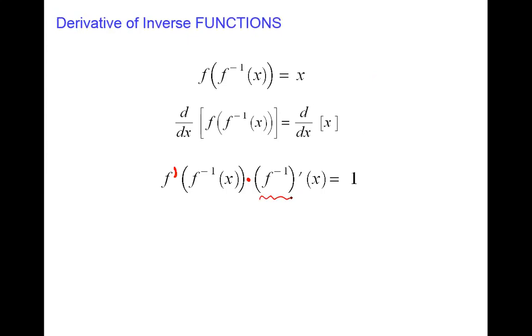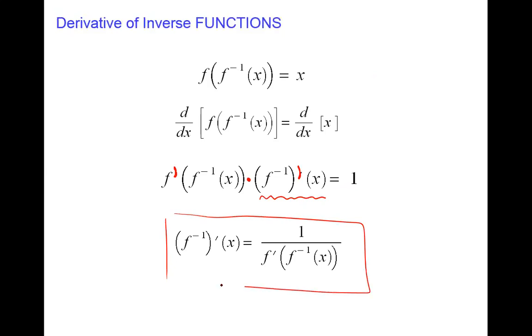We're looking for this derivative of the inverse. So I will divide both sides by that expression, and I have 1 over this. This is the formula that I'm looking for: f inverse prime of x equals 1 over f prime of f inverse of x. I know, it sounds like f prime inverse, f inverse prime, f prime inverse. You can see they just replaced.